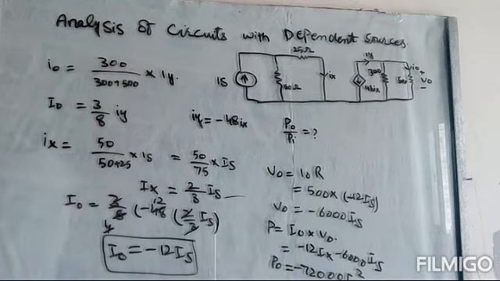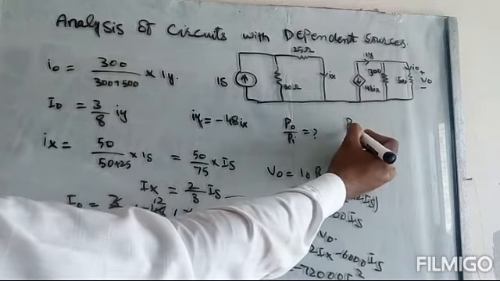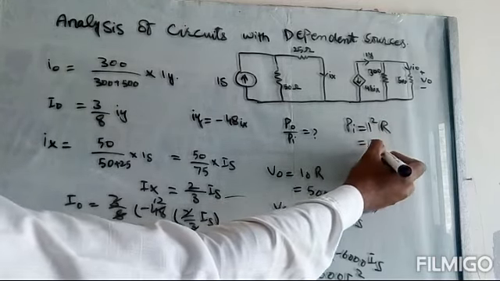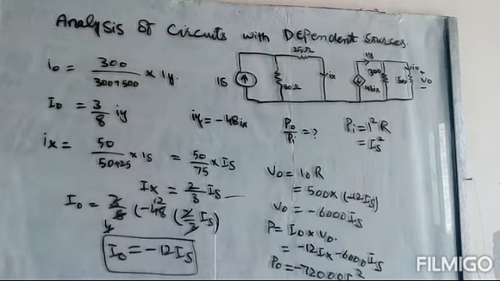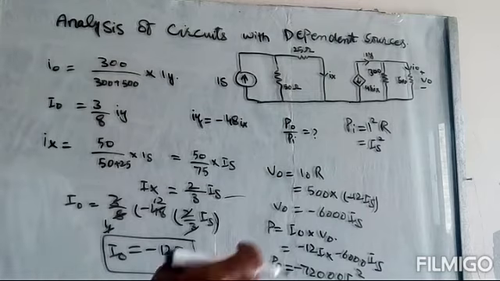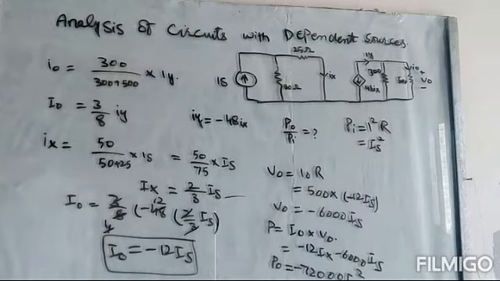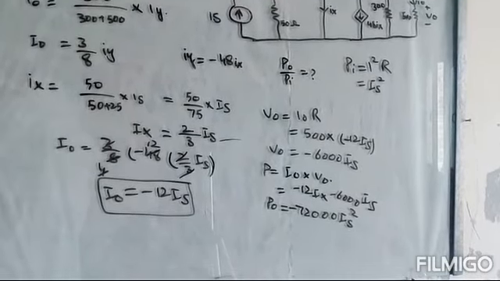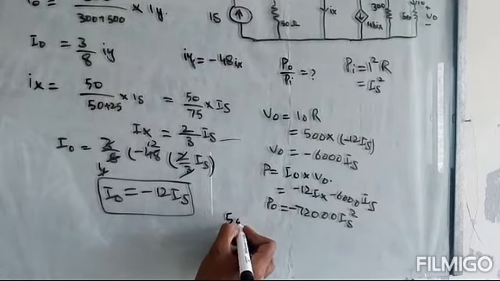Now we will find our input power. Input power will be equal to, these two resistances are in parallel, so we can use the formula P input will be equal to I square R. R will be R equivalent, so I square means Is square, the input current, and R equivalent of these two resistances will be the parallel combination of 25 and 50. We can find it using the formula 50 parallel 25.